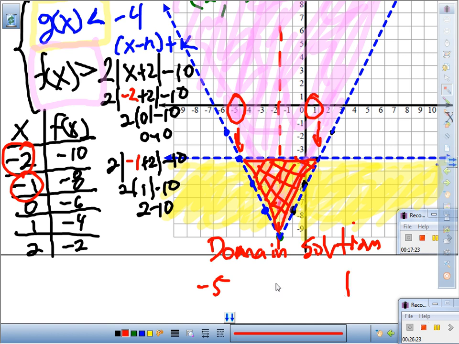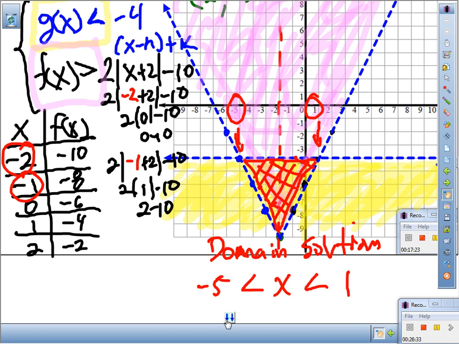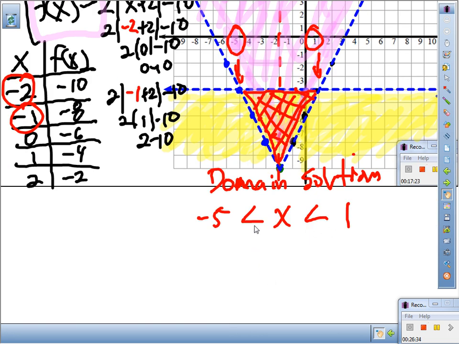Now check this out. What goes in between? x less than and less than. Tell your neighbor, why didn't we write or equal to? Less than only, not less than or equal to. Because the lines are what? Dotted or dashed. It doesn't include the points on the line.